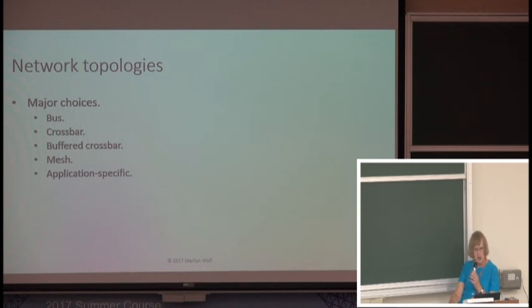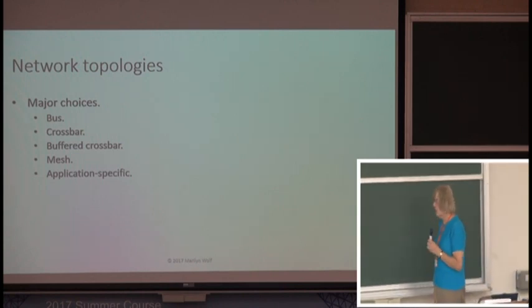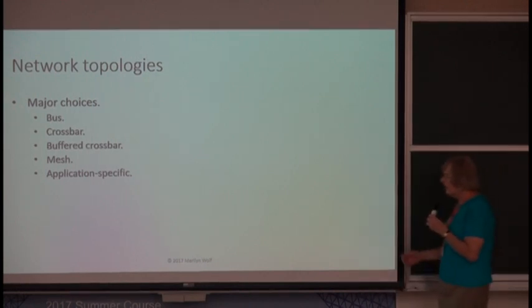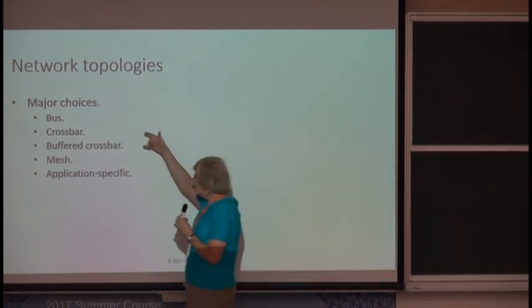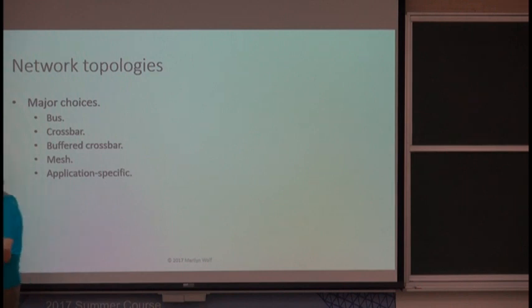And so the first choice we have to make is the topology, or how rich the interconnection is. The two extremes are bus and crossbar. A bus is a single shared connection. It may be n bits wide, but each bit is shared between all the inputs and all the outputs.